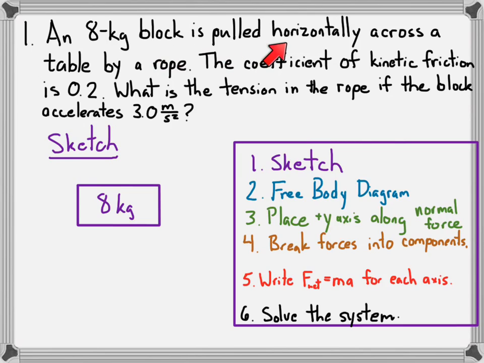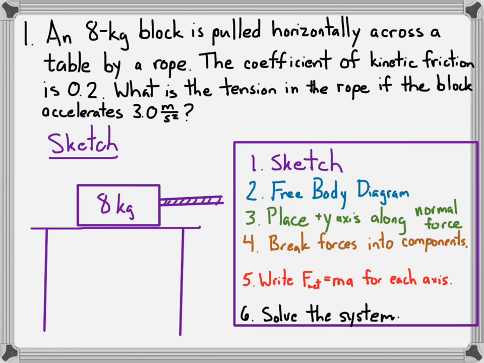It says it's pulled horizontally across a table by a rope. So I'm imagining this 8-kilogram block sitting on a table, being pulled horizontally by a rope. Horizontally means along this direction. It doesn't tell me left or right, so I get to choose, and I'm going to choose being pulled to the right.